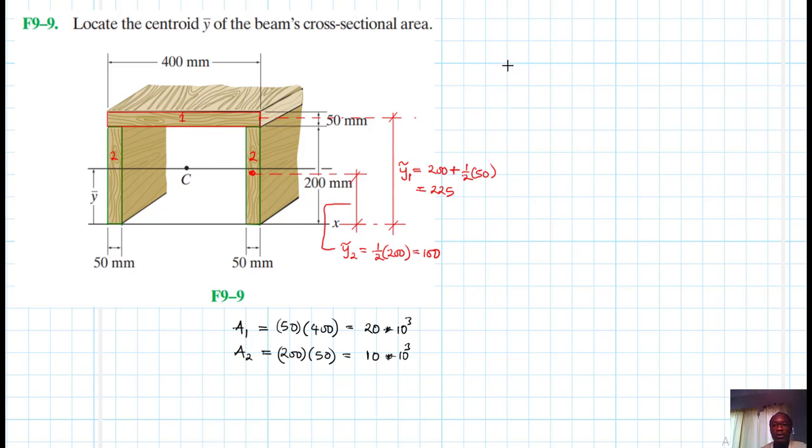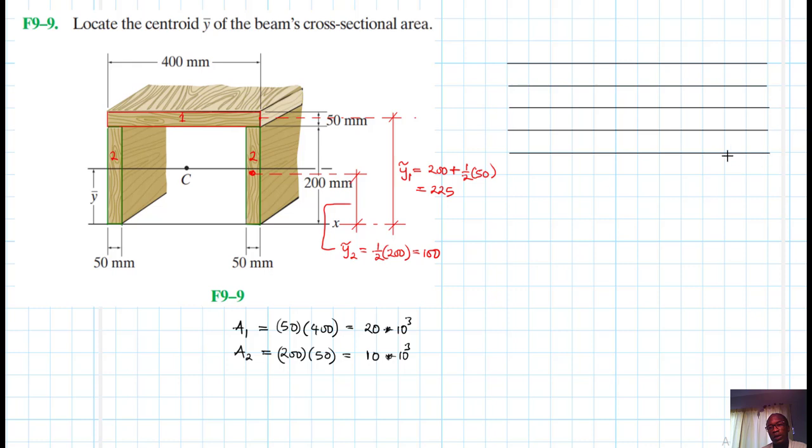Okay, so let's draw up the table we need. This is the title. We have the first one, we have the second one, we have the summation.